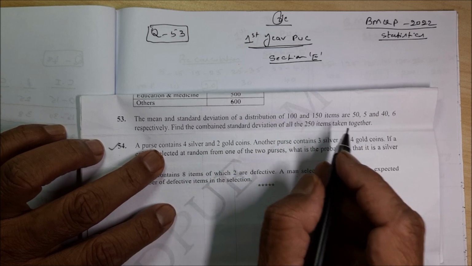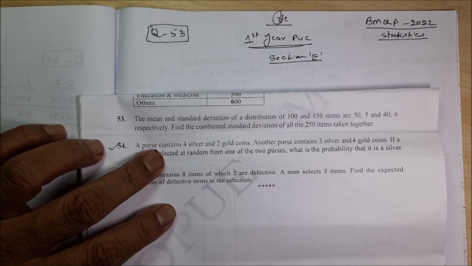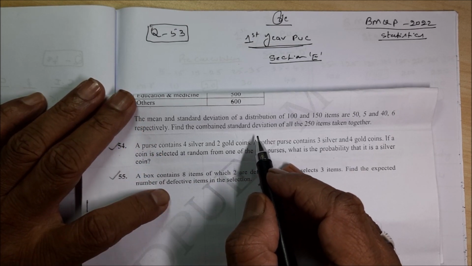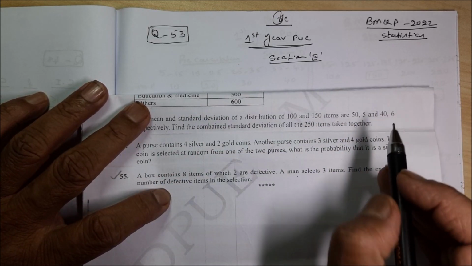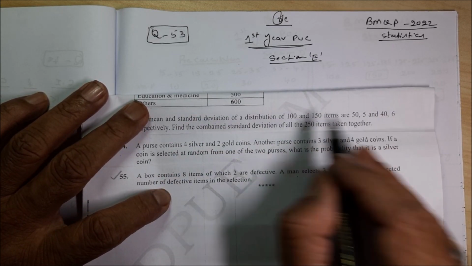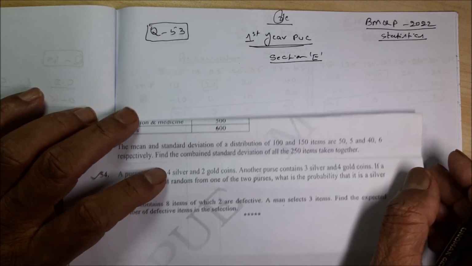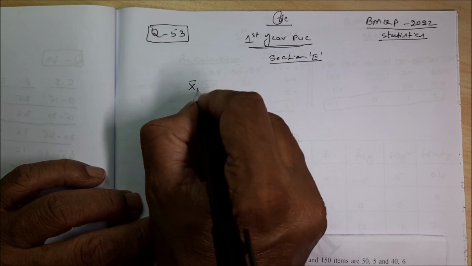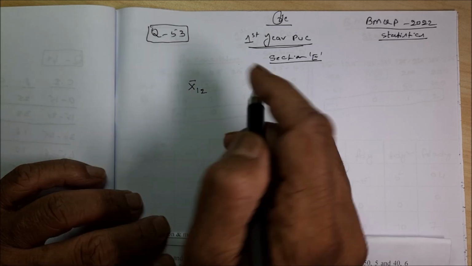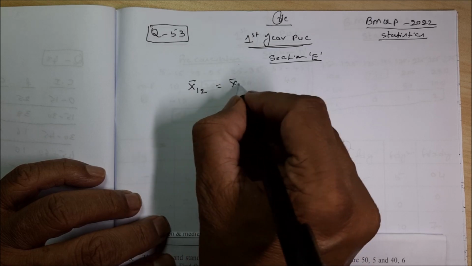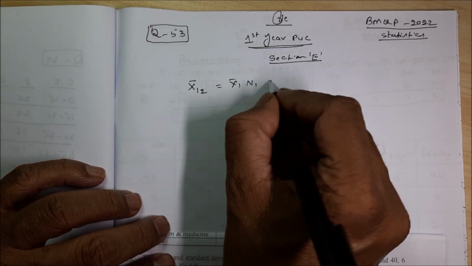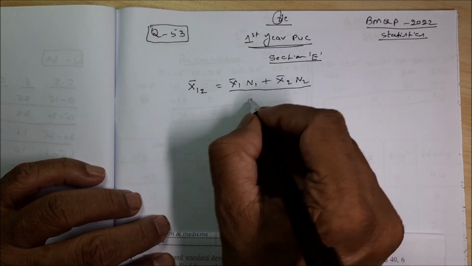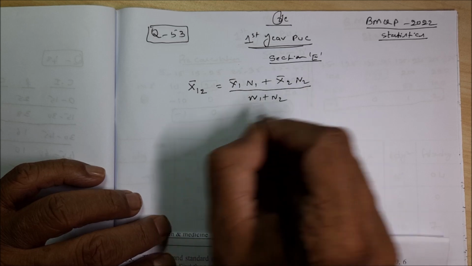In such type of problems, before we find the combined standard deviation, you are supposed to find the combined arithmetic mean, and then deduct that from each mean. So how to do it? Very simple. The combined arithmetic mean is equal to mean 1 into n1 plus mean 2 into n2, divided by n1 plus n2.